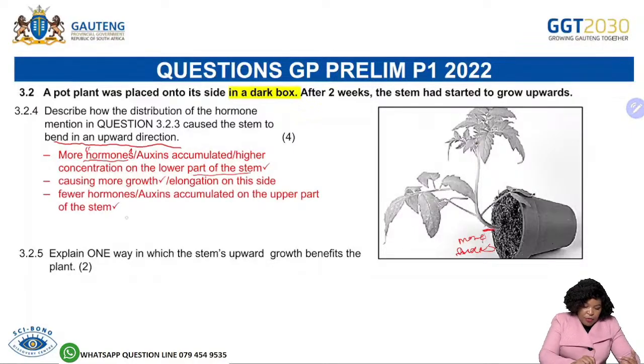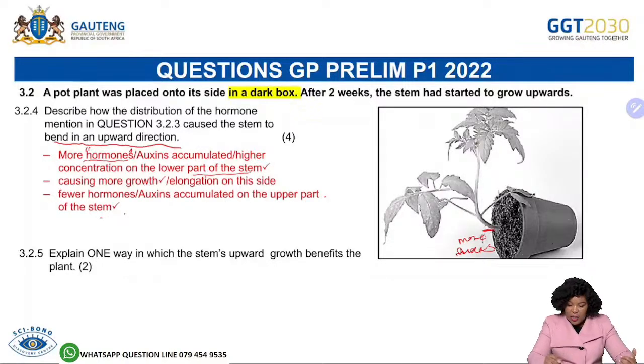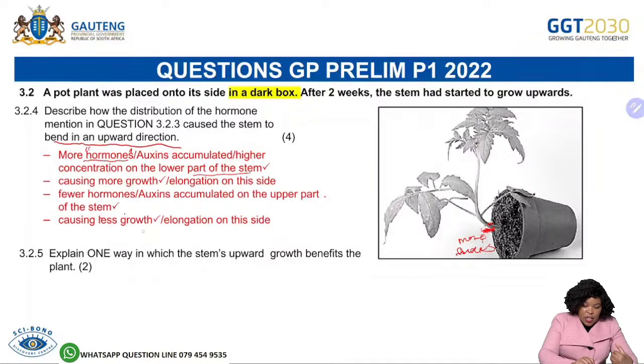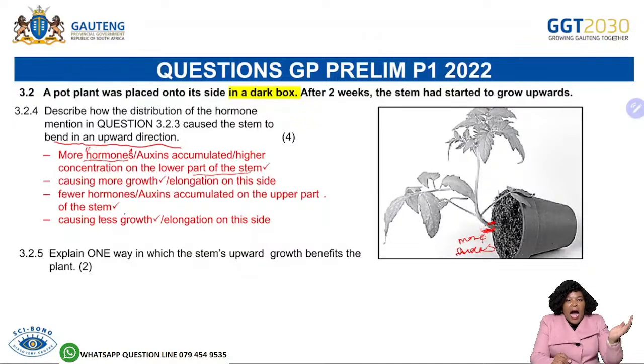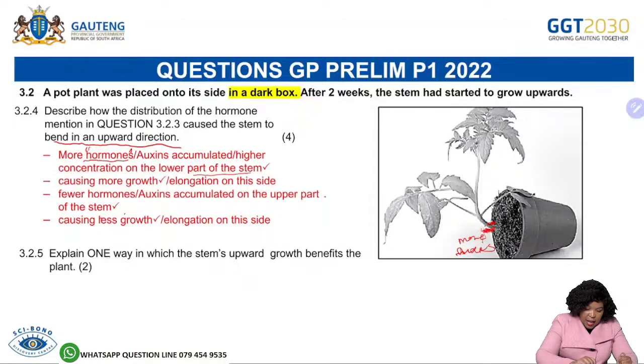Then fewer auxins are going to be accumulated on the upper side of the stem. Remember, when more are pulled by gravity to the lower part, what is going to happen to the upper part? The upper part is going to have less, meaning there's going to be less growth on the upper side. And when there is less growth on the upper side, the stem is going to bend upwards.